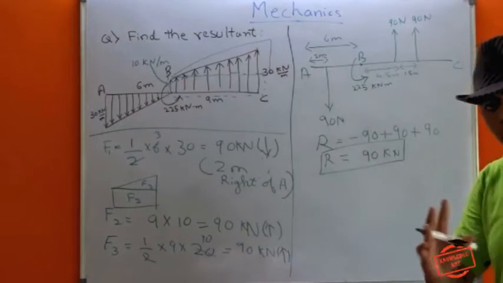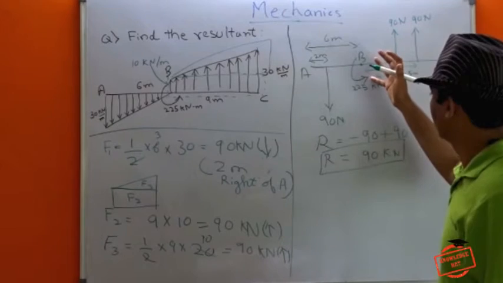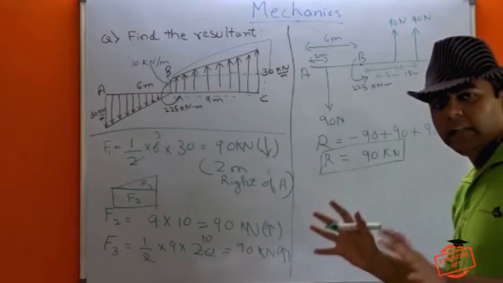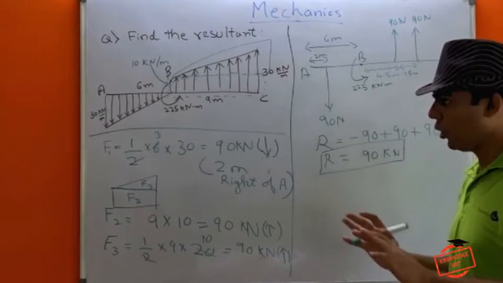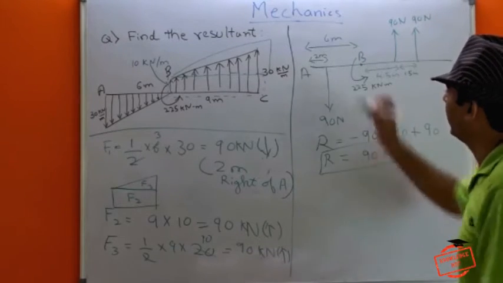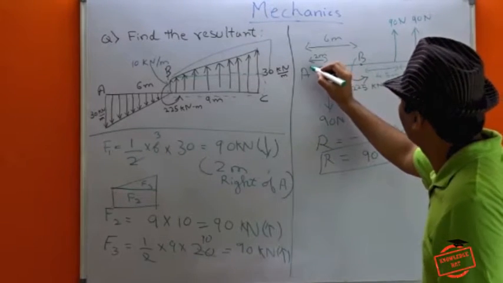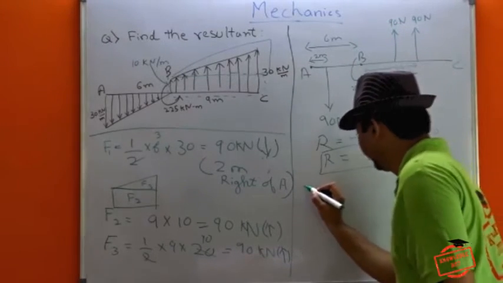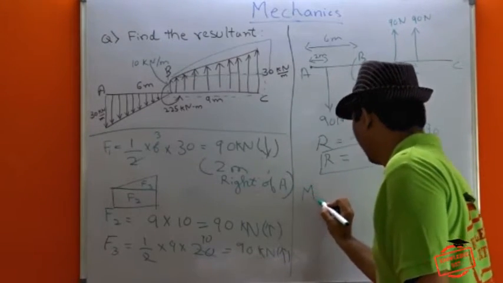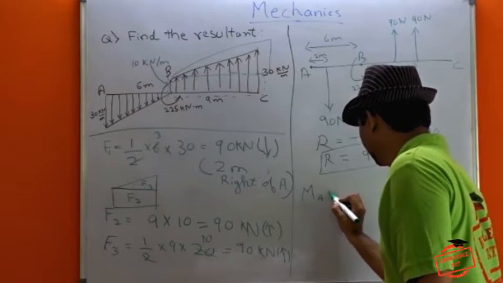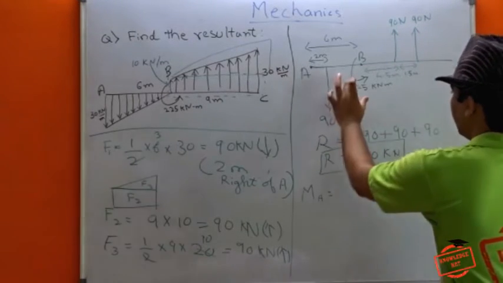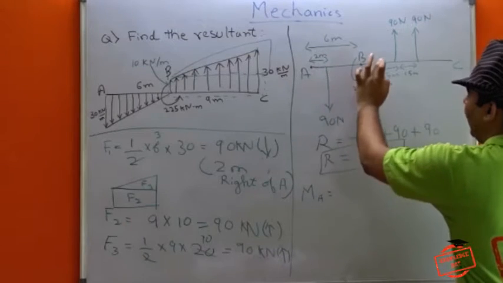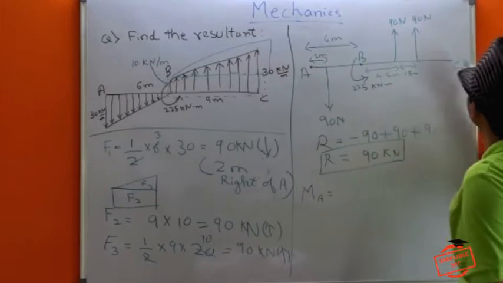Now what we also have to see is the moment. Generally, the moment is solved about a single point. So for our reference, we take our point as point A. This moment is in anti-clockwise direction, so we'll see the conventions here.